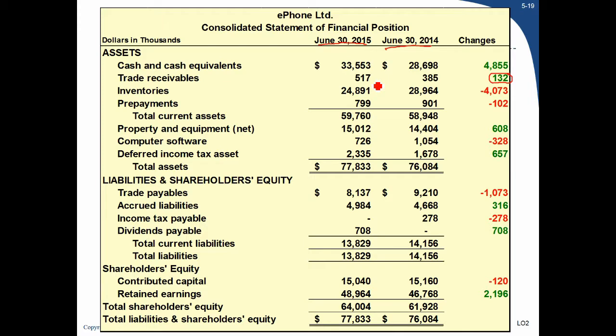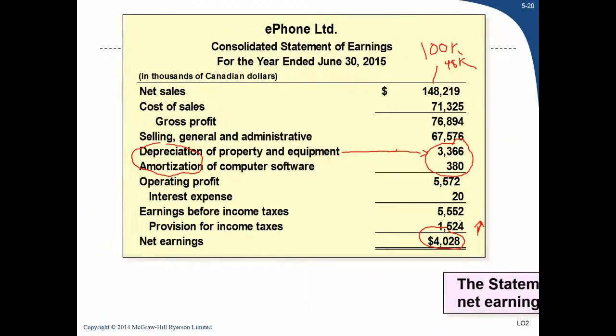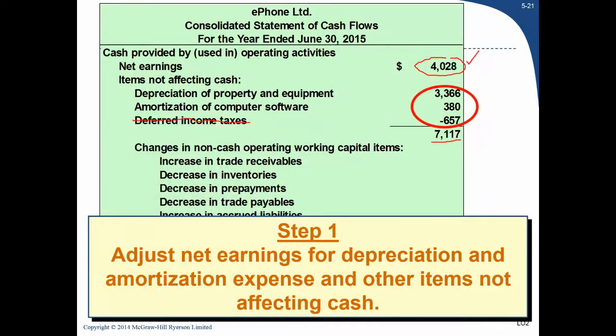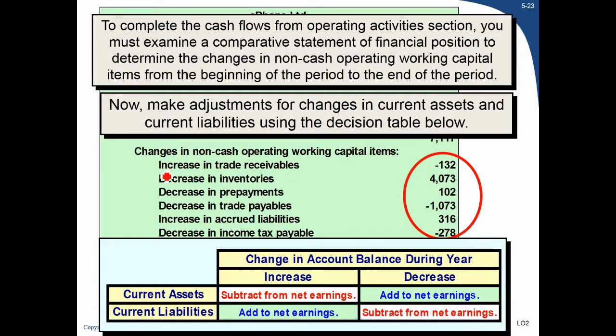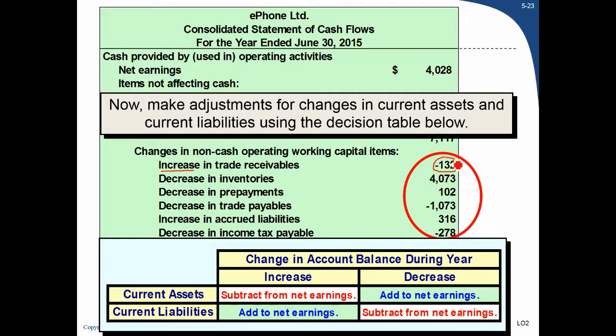The net impact is a net decrease in cash by 132. And that is why you see the increase in trade receivable is a subtraction. We're effectively saying that buried in this net earnings of 4028 is $132 of revenue for which we haven't yet collected cash.